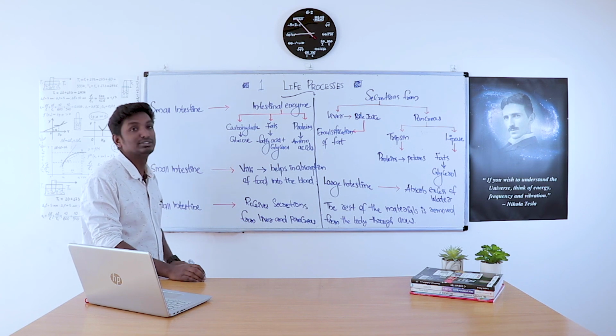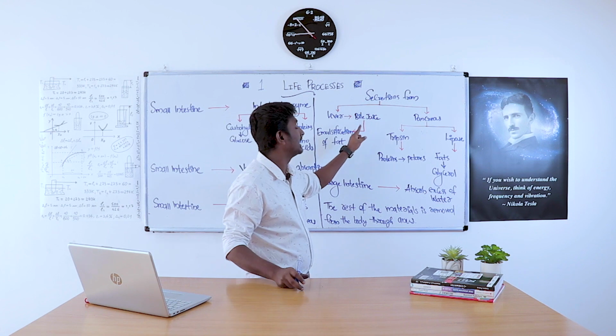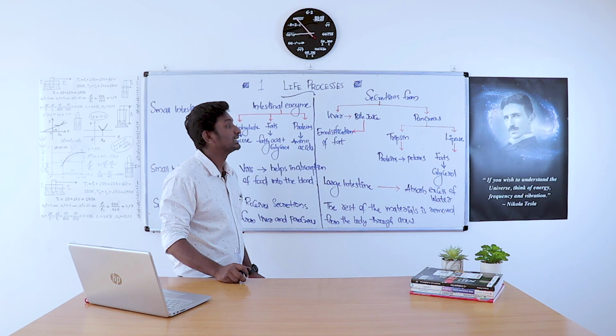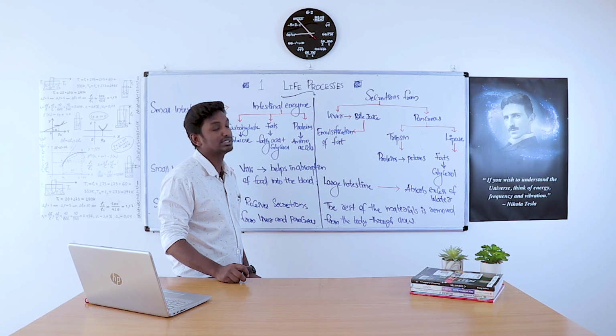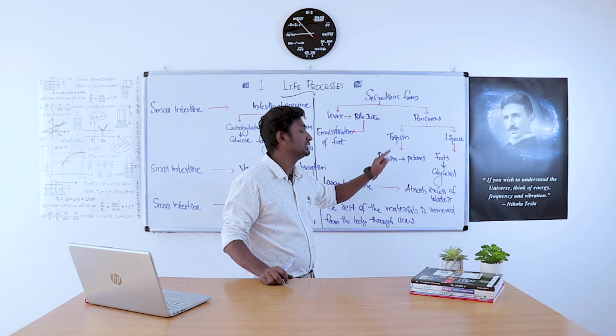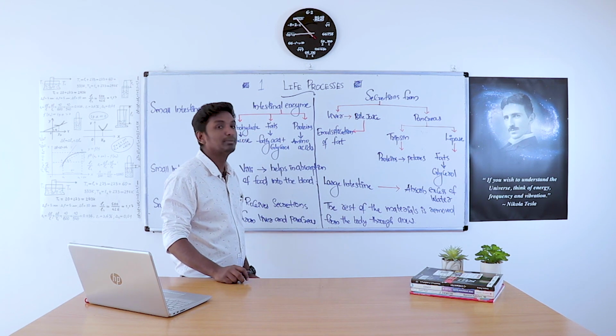Small intestine receives secretion from liver and pancreas. Secretion from liver is bile juice which helps in emulsification of fat. The secretion from pancreas includes trypsin and lipase. Trypsin helps to convert proteins to peptones. Lipase helps to convert fats to glycerol.